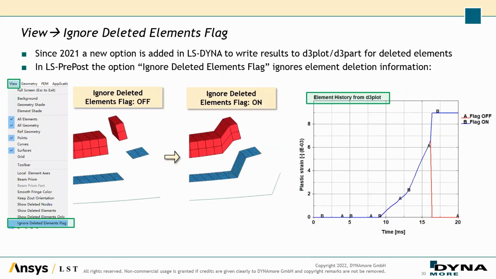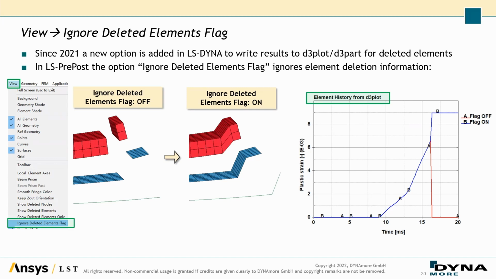Since last year, a new option is added in LS-DYNA to write results to the D3plot or D3part output file for deleted elements. So for example, you see it here in the curve plot. Sometimes it's interesting for the user to see the really last value, and not that if the element is deleted, the value, for example a plastic strain, goes to 0.